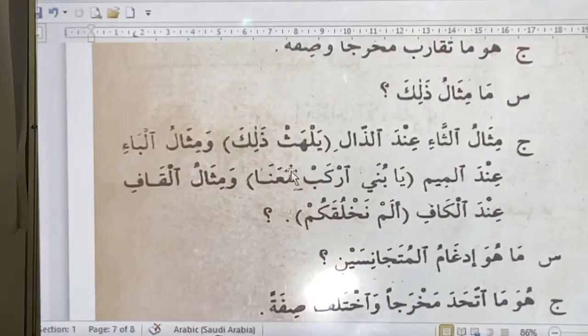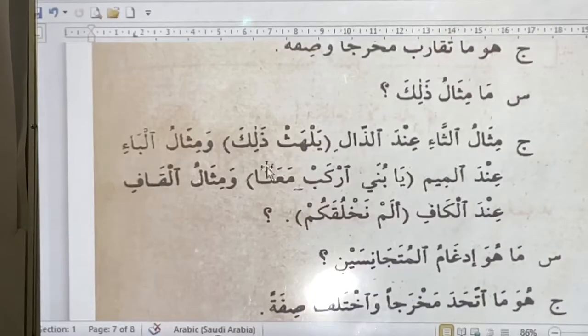The makhraj is the same. So here the first one is sakin, the second one is mutaharrika, we merge the two, and that will be irkam ma'ana, and we silence the first letter.